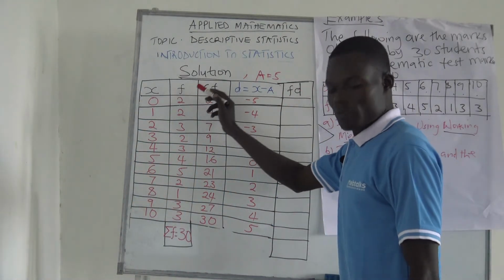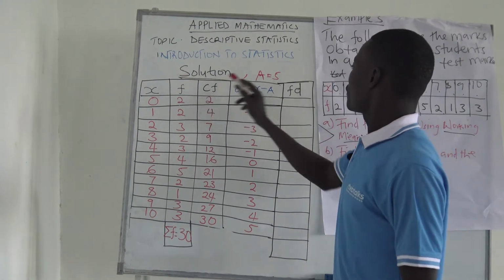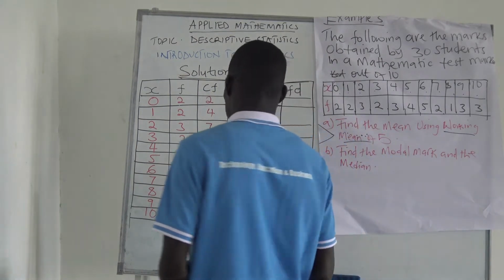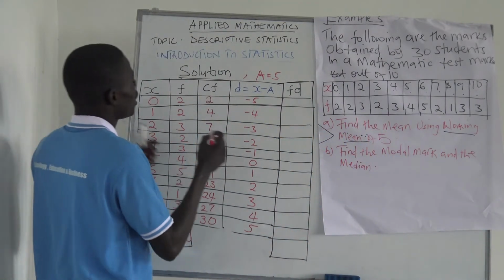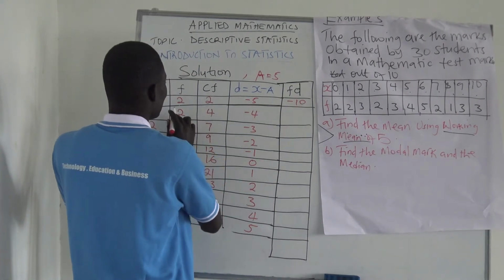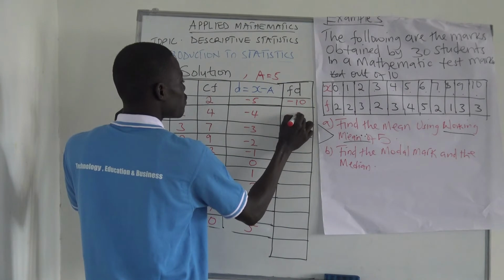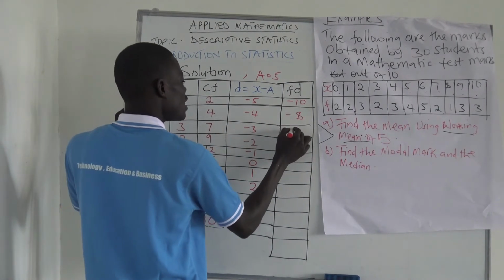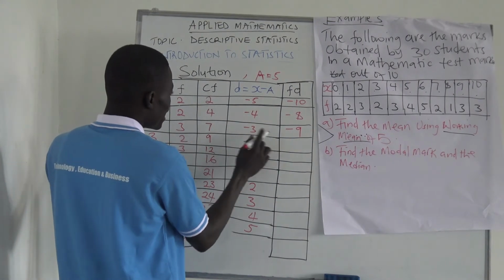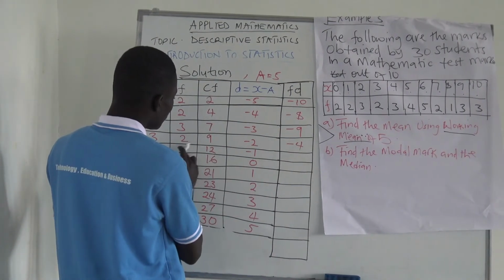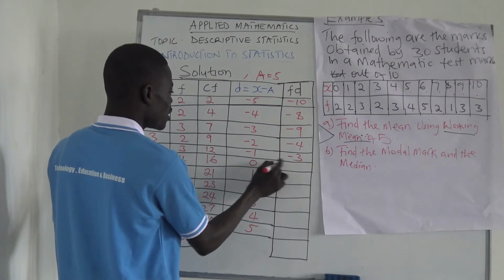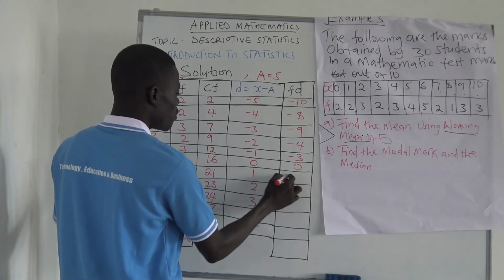FD, we shall multiply F times D. We have D, we have F, so we multiply and see what we are going to get. 2 times negative 5, we get negative 10. 2 times negative 4, you get negative 8. 3 times negative 3, you get negative 9. 2 times negative 2, we get negative 4. 3 times negative 1, we get negative 3. 4 times 0, we get 0. 5 times 1, it is 5.